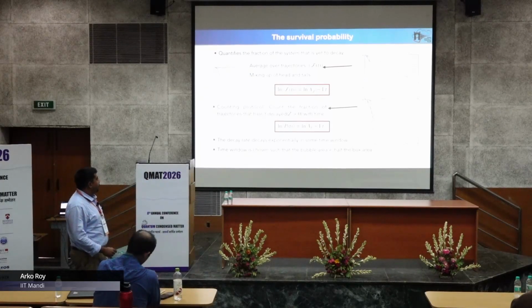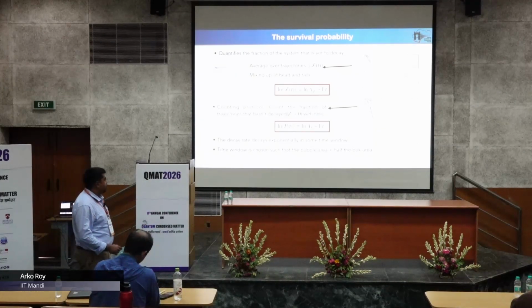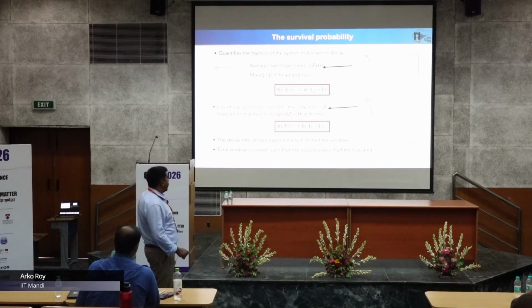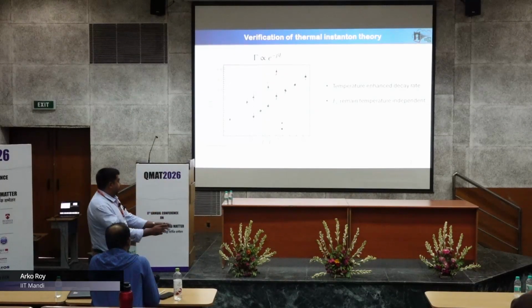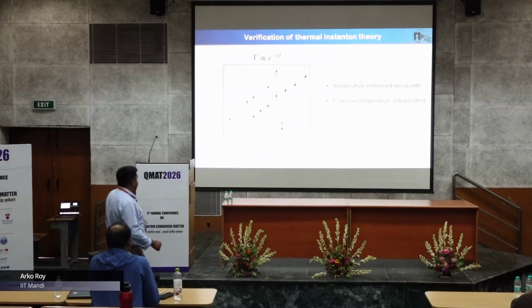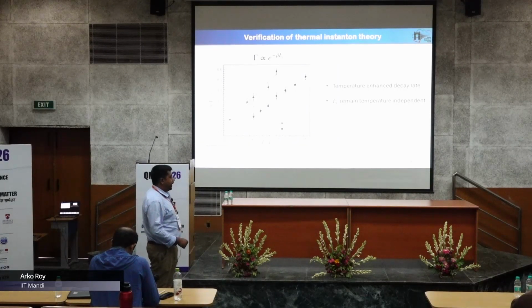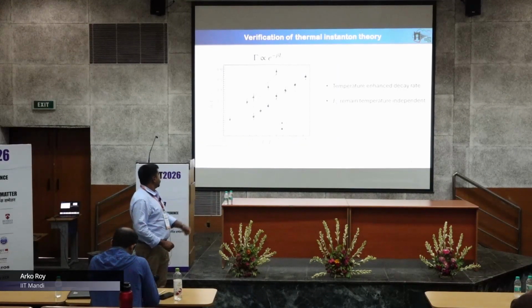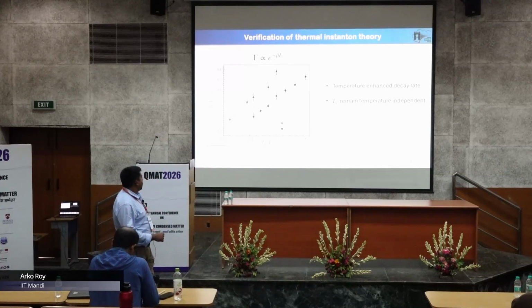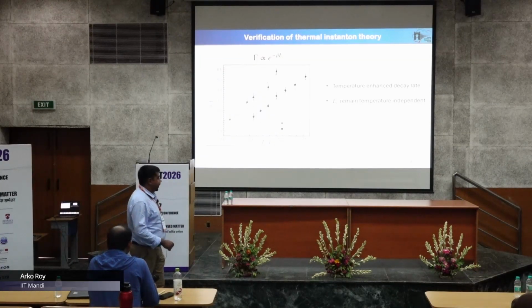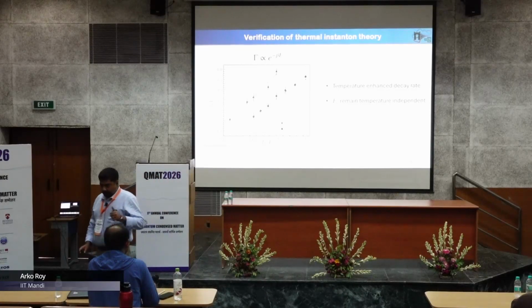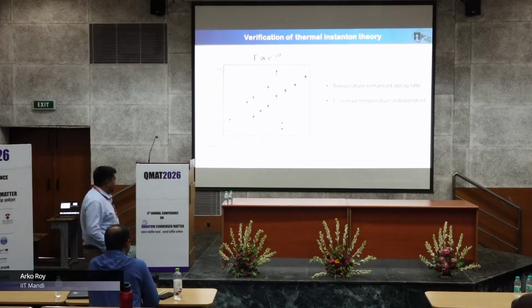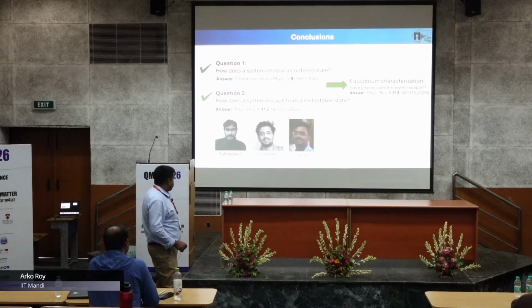You see there are clear signatures of exponential decay in the logarithmic curve. Finally, we assimilate all these results and show that for two different values of delta F, the final detuning values, I have linear relationships of gamma with these betas in the log scale. And now we have actually verified the thermal instanton theory for these kinds of systems.